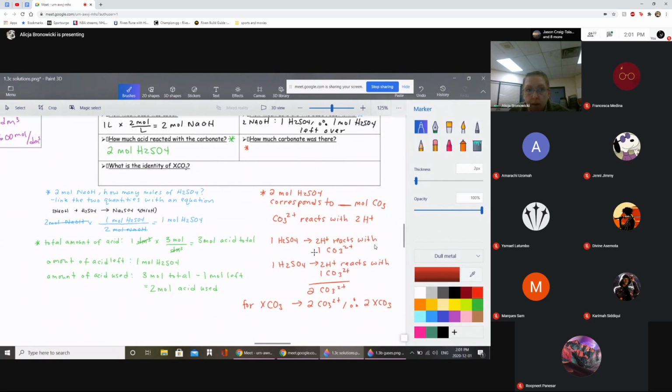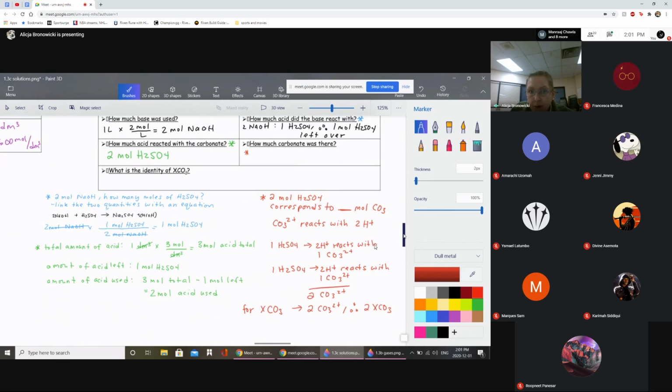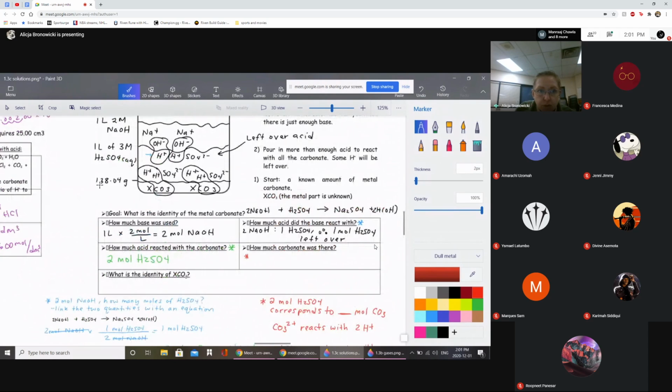Okay, so now we have this gram, right? We have 138.04 grams. So 2 moles of XCO3 weighs 138.04 grams.